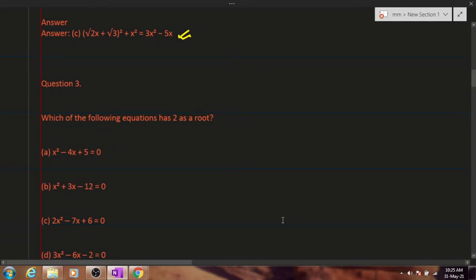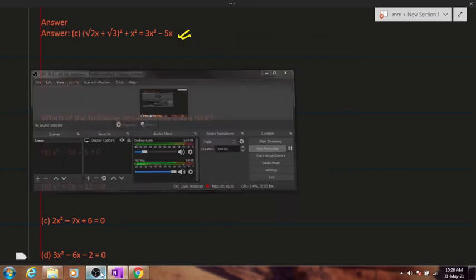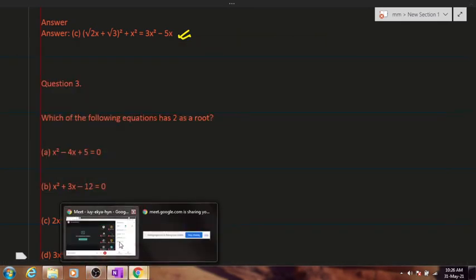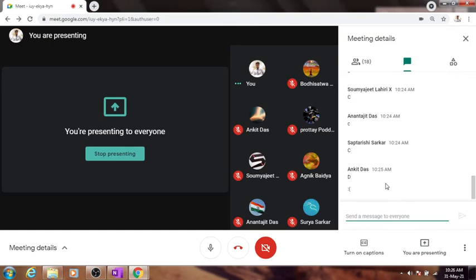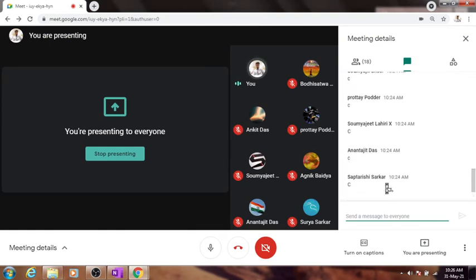Which of the following equations has 2 as a root? Option number.